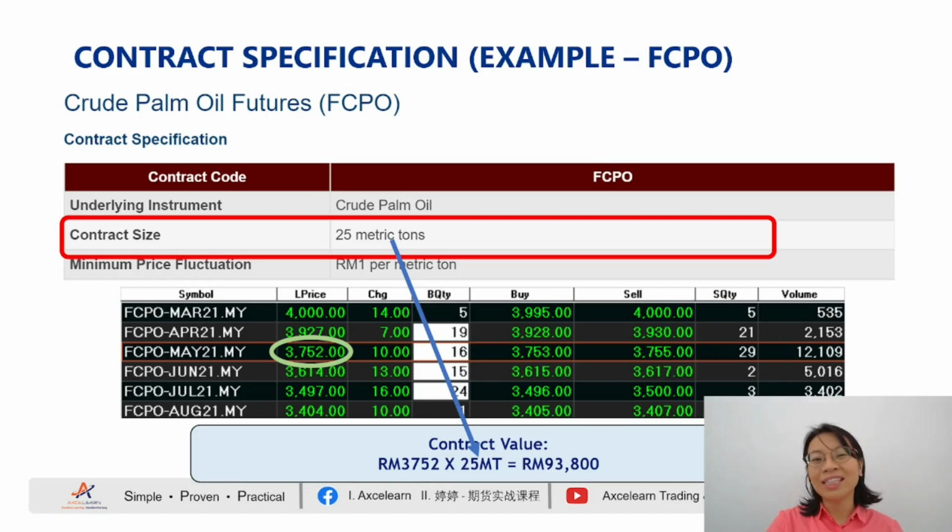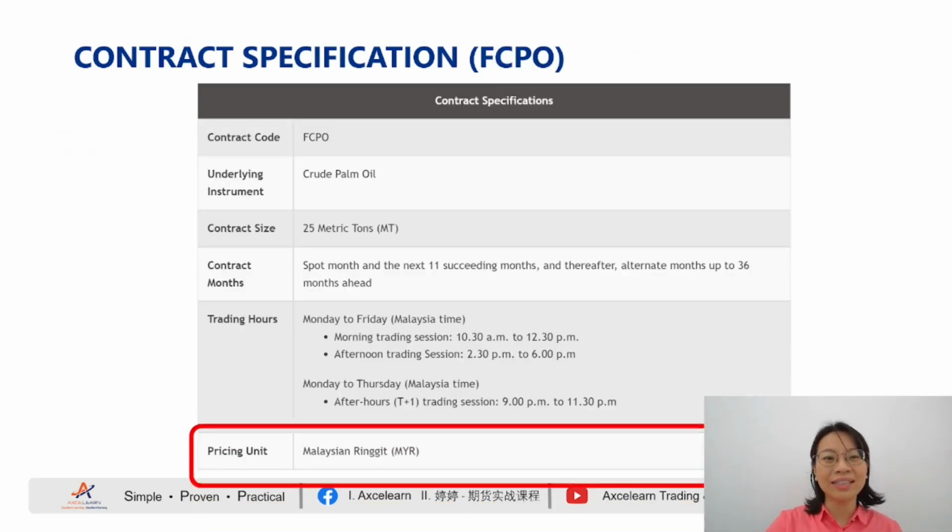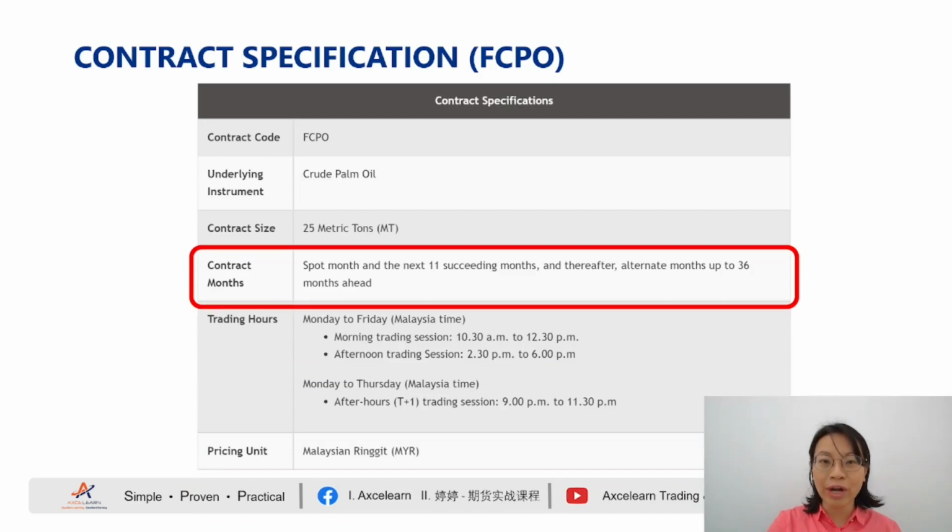For those who do not understand how heavy 25 metric tons is, converting to something you can understand like kilograms, it is equivalent to 25,000 kilograms. Easy?